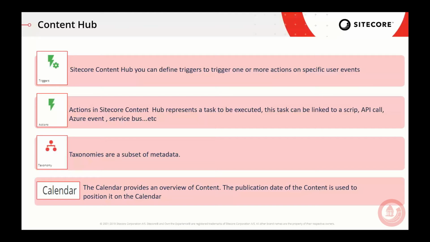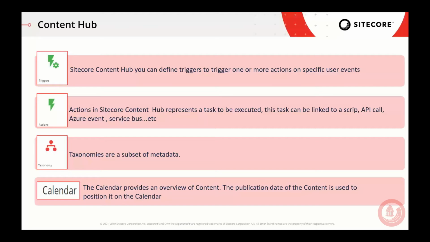And now, the very flexible term, taxonomies, come into play in Content Hub, and are used by the content modeler a lot. Taxonomies are basically a subset of metadata. They are hierarchical and can have many values, so it's easier to tag any entity with any kind of tag they want. For example, taxonomies can be a location, or something like difficulty level, or whatever you want to tag content with, you can mark as a taxonomy.